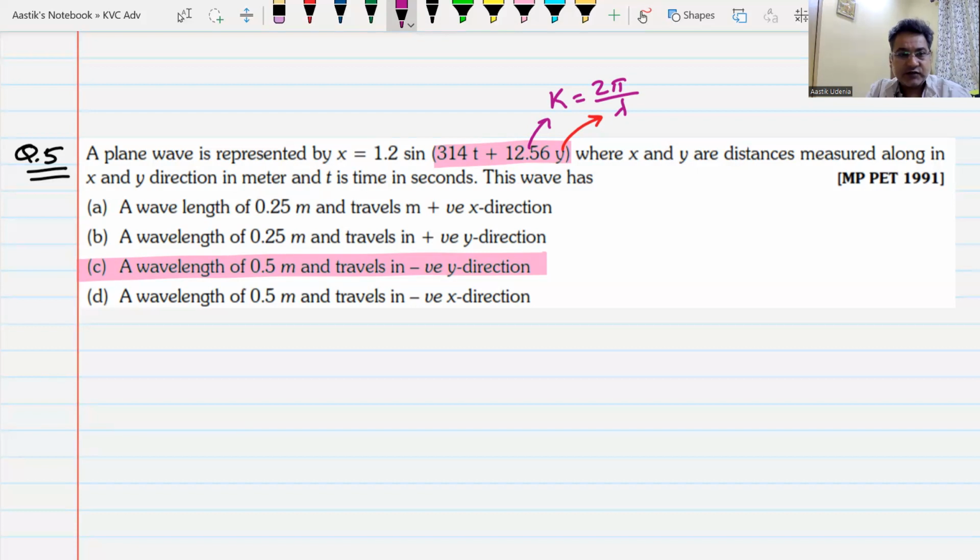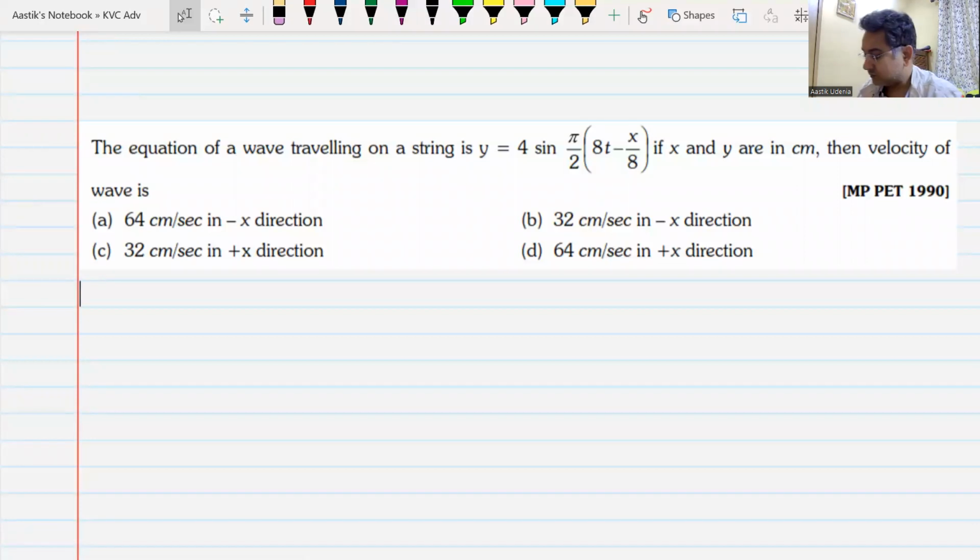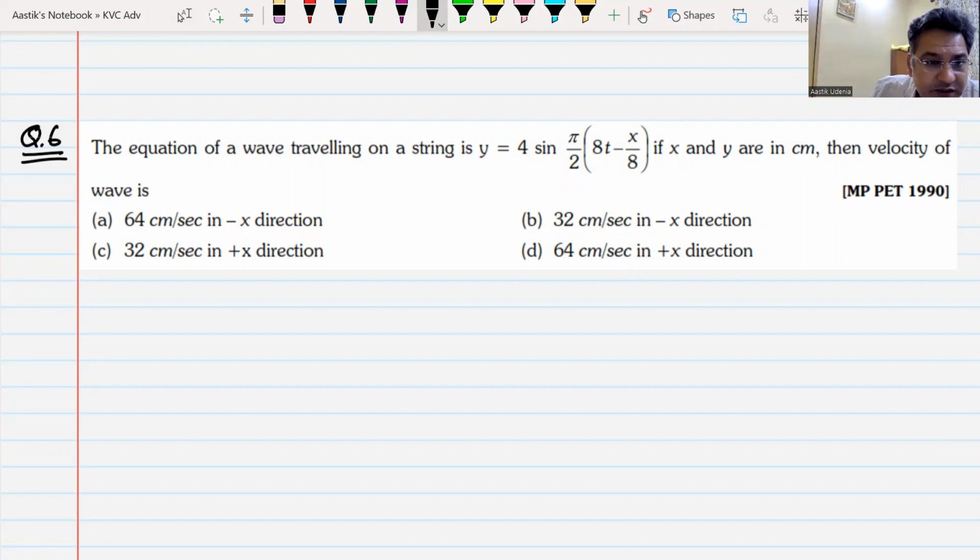Here comes the next one. Question number 6. What is the answer for this one? The equation of a wave traveling on a string is this. Don't have to write the question, just give me the answers. What is the velocity or the speed, wave speed?